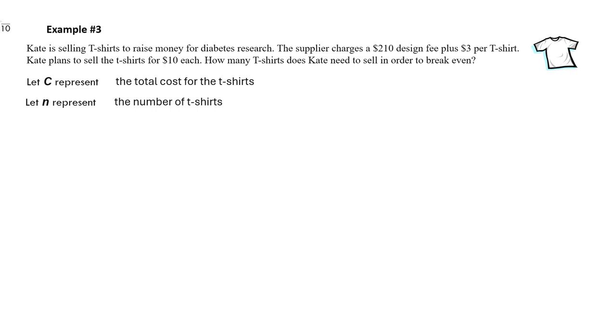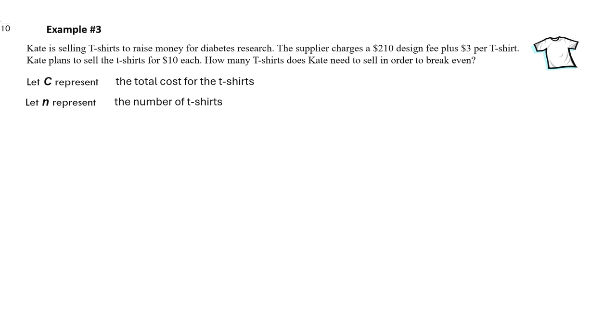Now we're given two equations here, two sentences. The first is the supplier charges a $210 design fee plus $3 per t-shirt. The 210 is a fixed cost, a fixed value that's charged even before the first t-shirt is made.